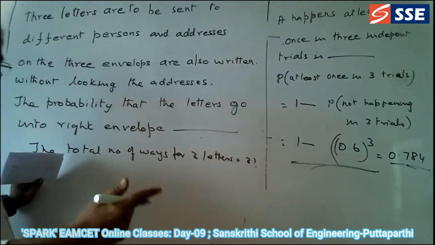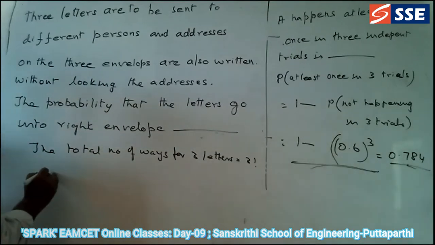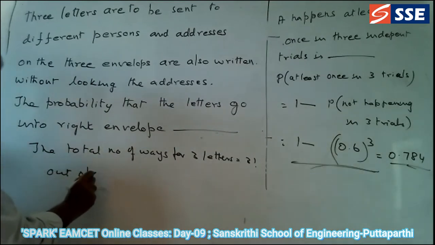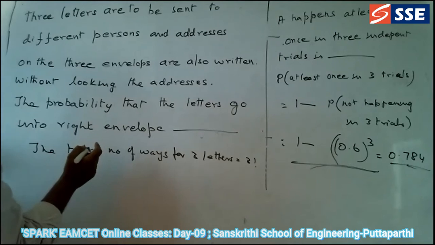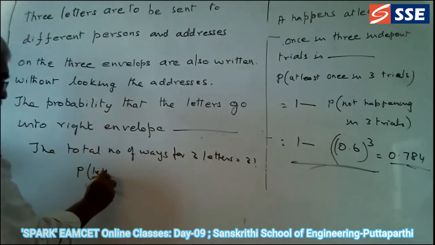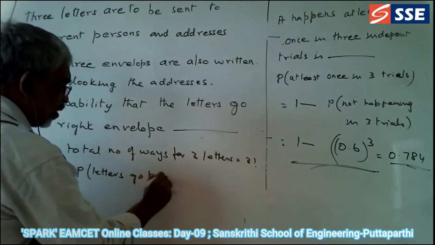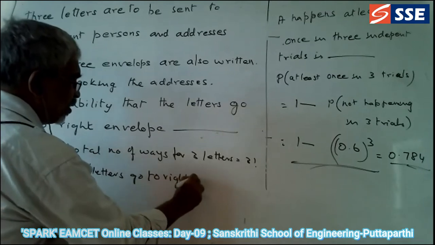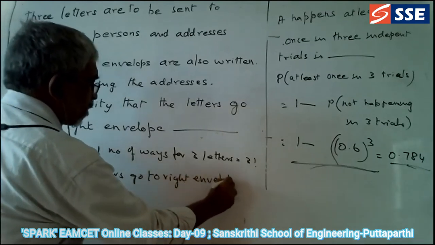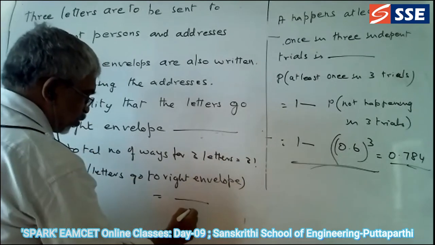So it is only one way out of this. So the probability of going to the correct address, the probability that letters go to the right envelope, is equal to 1 over the total number of ways, 3 factorial, that is 6.